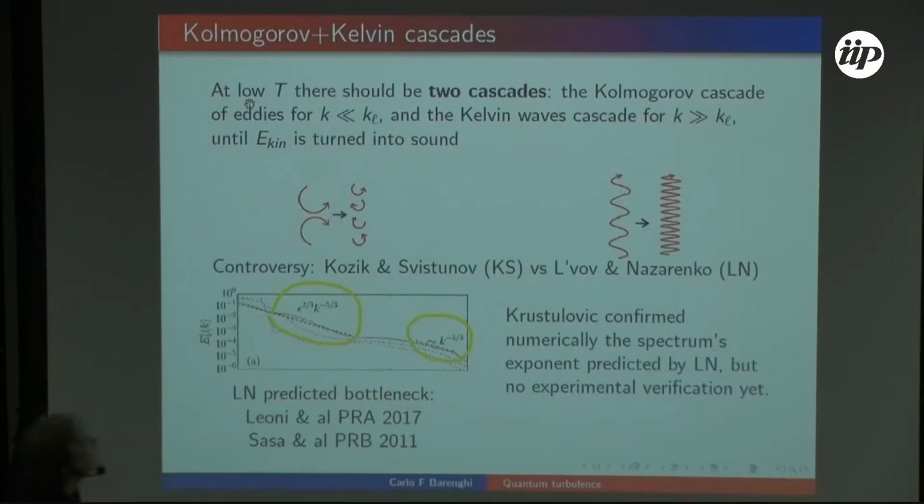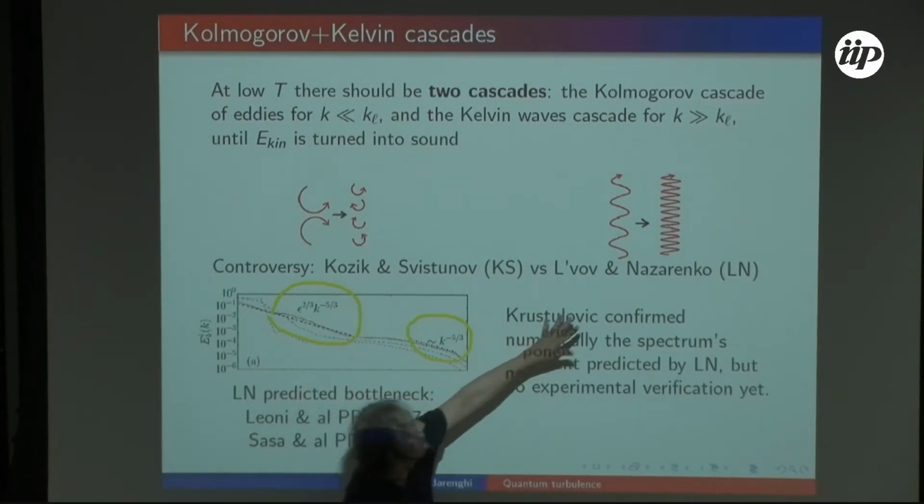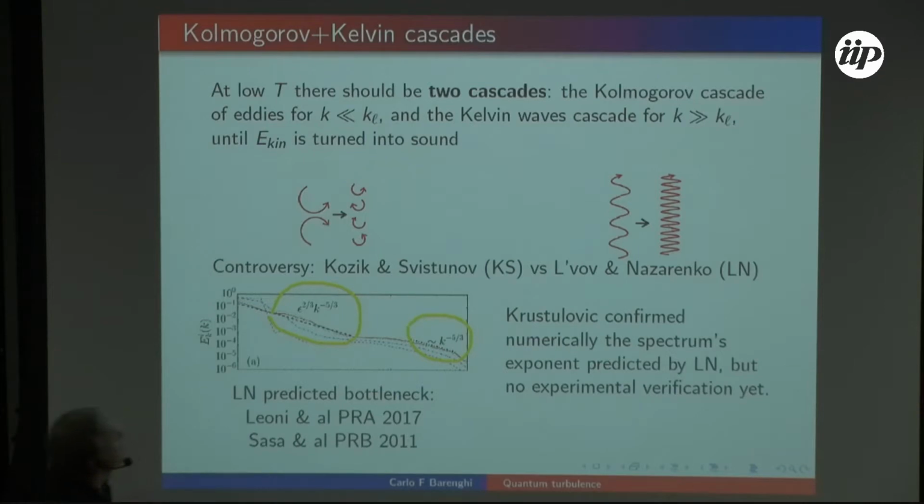Now, this spectrum actually, the nature of the spectrum, the shape, and the kind of process which generates the spectrum was controversial. For some years, there was an argument between competing theories, one due to Svistunov and Kozik, one due to Nazarenko and Lvov, and the issue was settled by numerics, unfortunately.